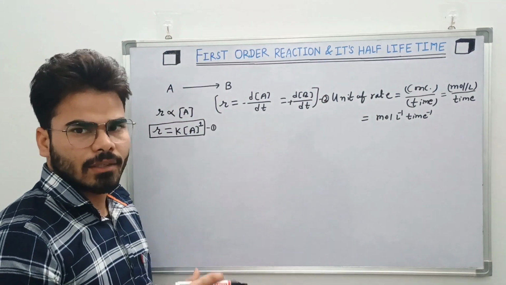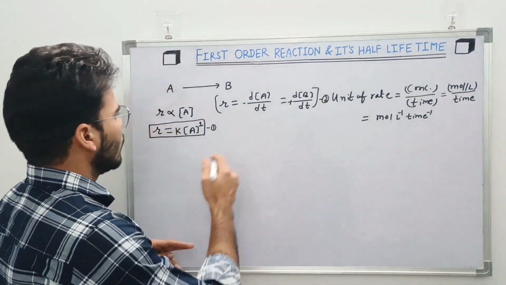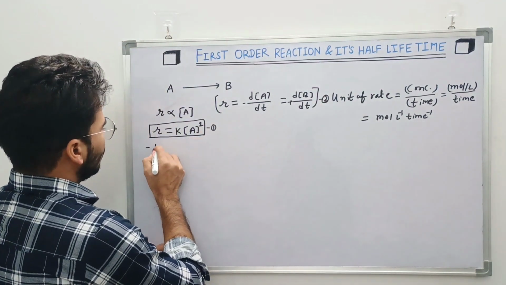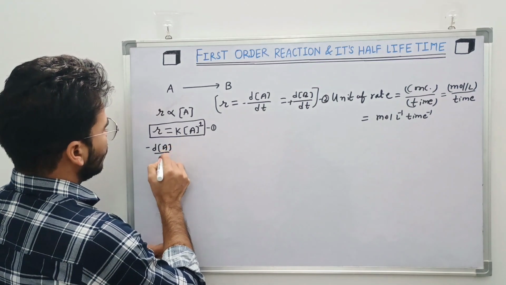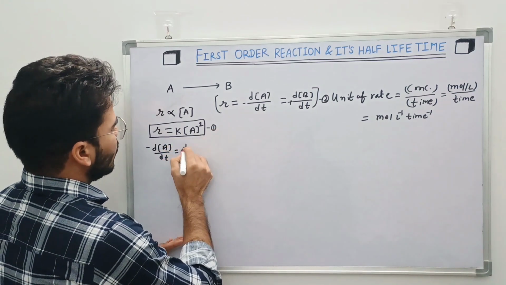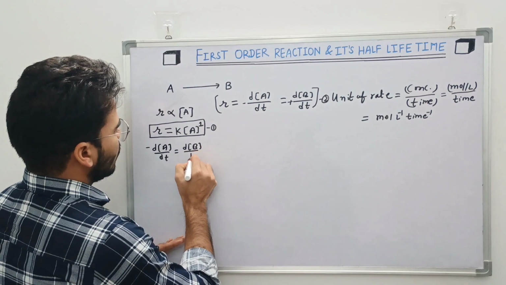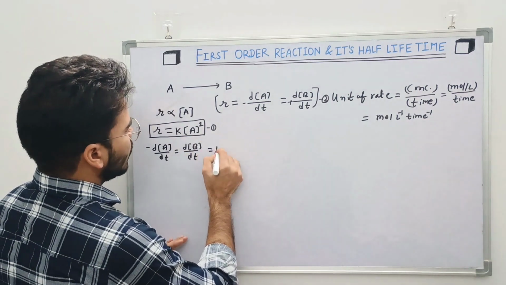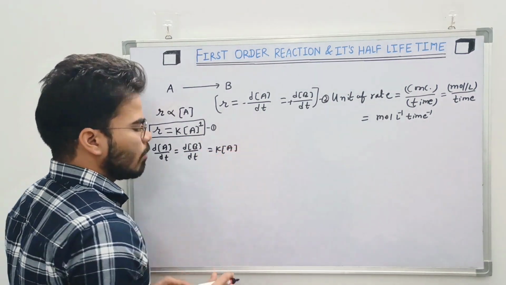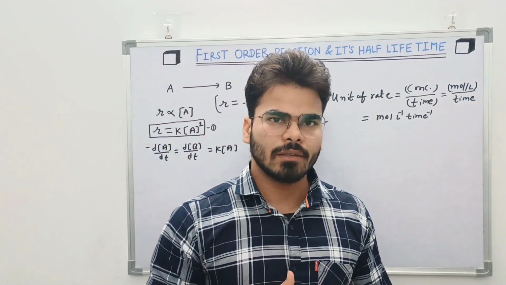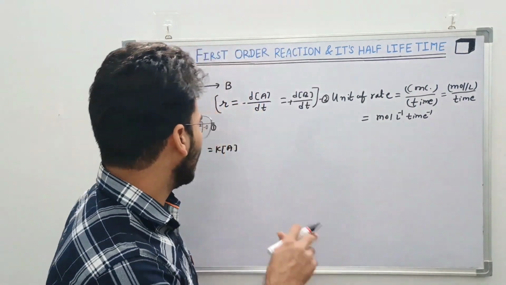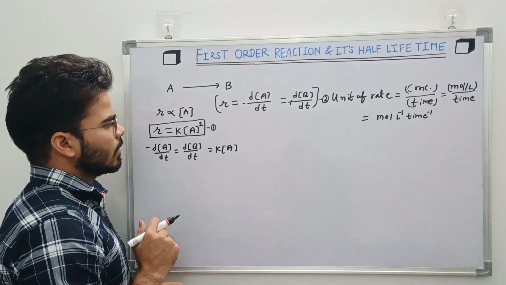When we equate equation 1 and 2, we can write minus dA upon dt is equal to dB upon dt is equal to kA. For calculating the rate constant expression, we have to integrate this expression.